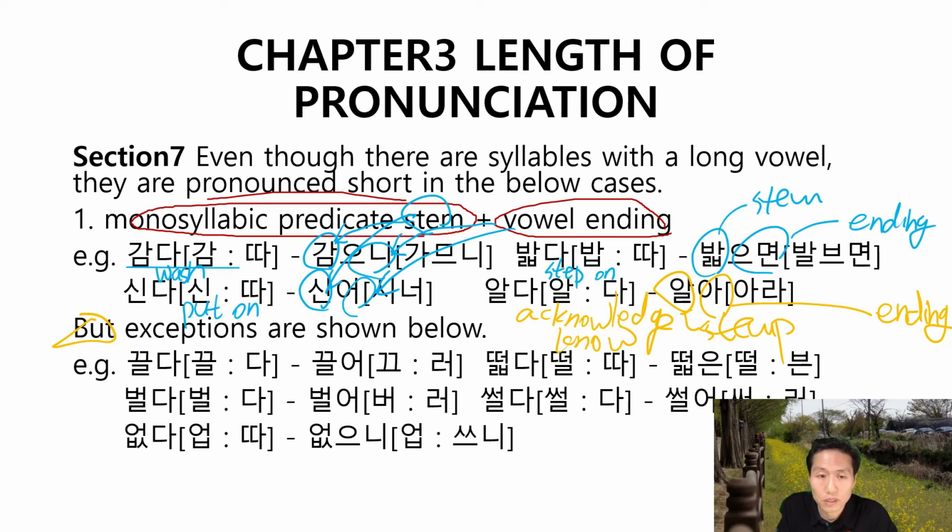So exceptions are shown below. 끌다 is the basic form, and it's pronounced as 끌어. 떫다 is a basic form, but this is pronounced as 떫은.